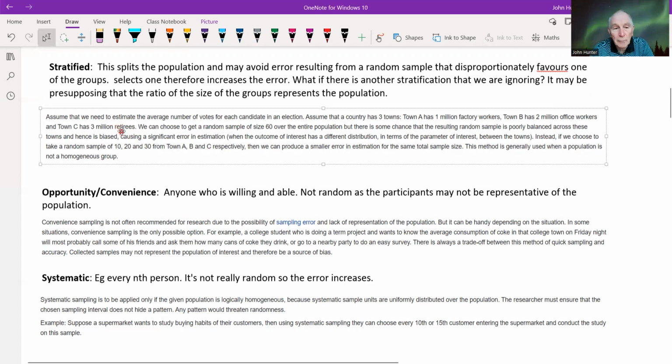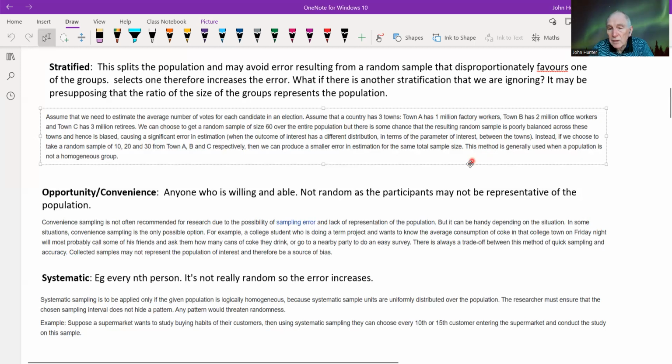So if we take a random sample, say it was 100 people again, we might well find that the factory workers are represented with too high a ratio, and it's going to distort the results of our findings.